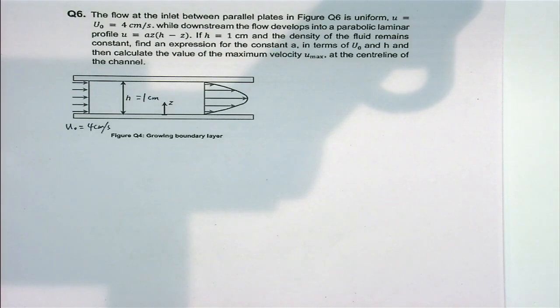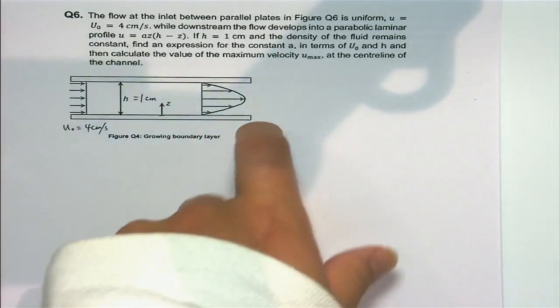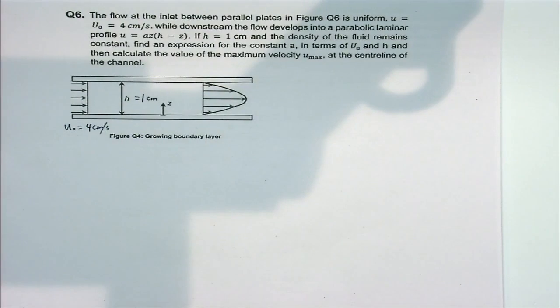For example, the flow at the left and the flow at the right. On the left, it's a uniform velocity, and on the right, the velocity profile is like this.